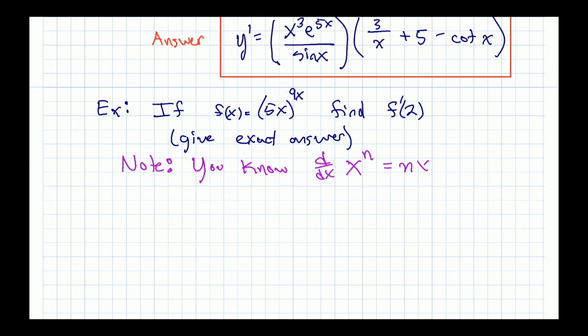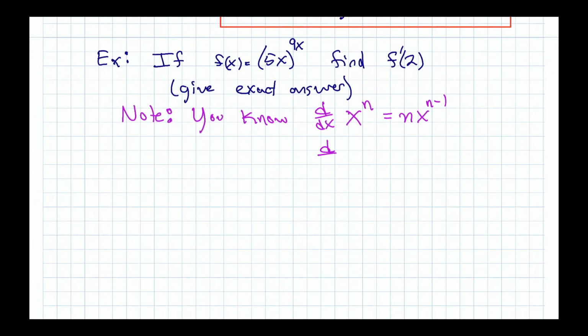Of course, that's n x to the n minus 1. And you know how to do the derivative now of, let's say, a to the x, because that's a to the x ln a. You learned that two lectures ago, right?